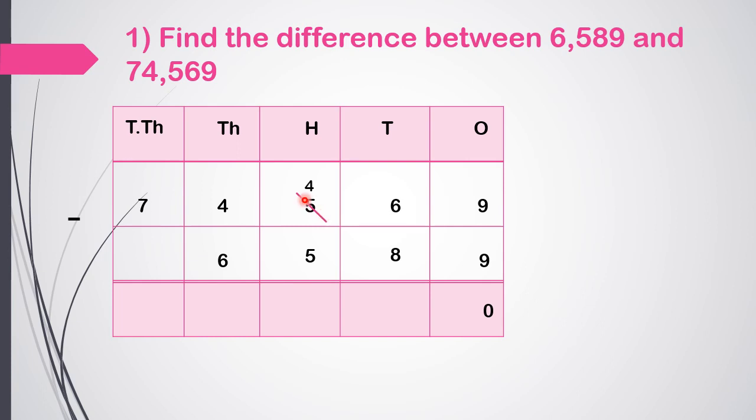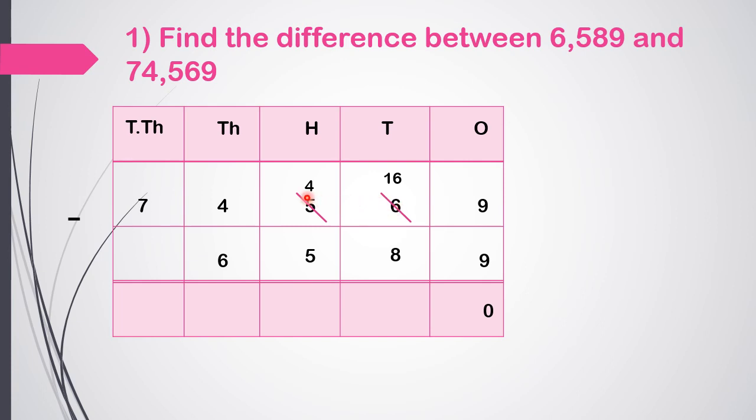So here 5 becomes 4 because 5 gave 1 to that 6. Whenever we borrow a number from the previous number, we will get 10. So 10 plus 6, 16.